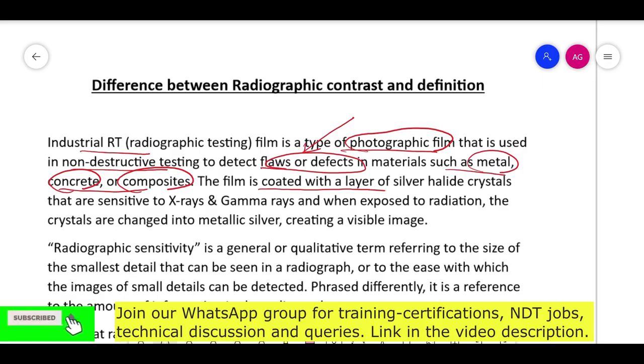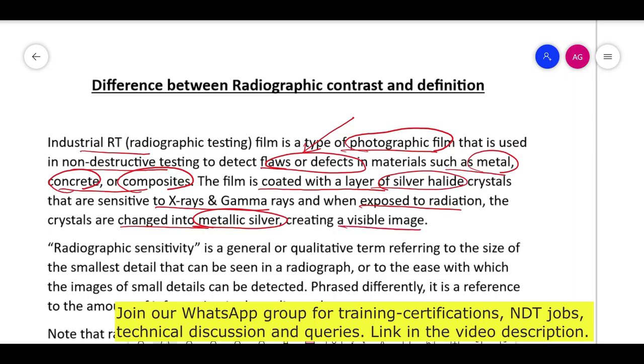The film is coated with a layer of silver halide crystals that are sensitive to X-rays and gamma rays, and when exposed to radiation, these crystals are changed into metallic silver, creating a visible image. The silver halide in it is silver bromide.